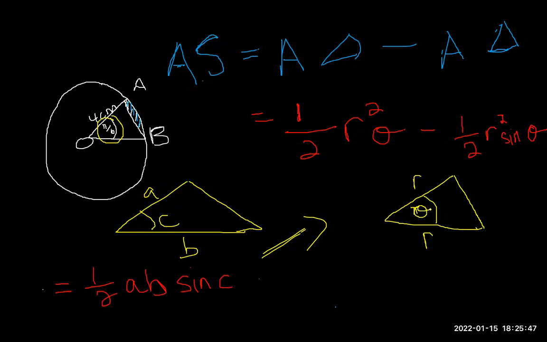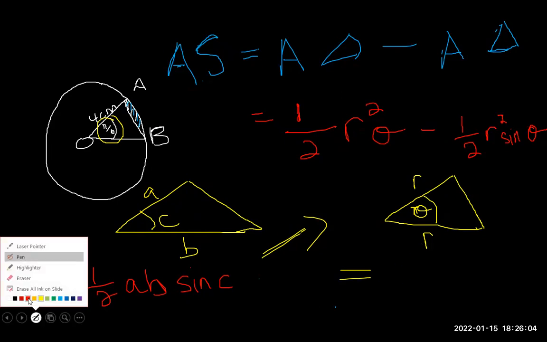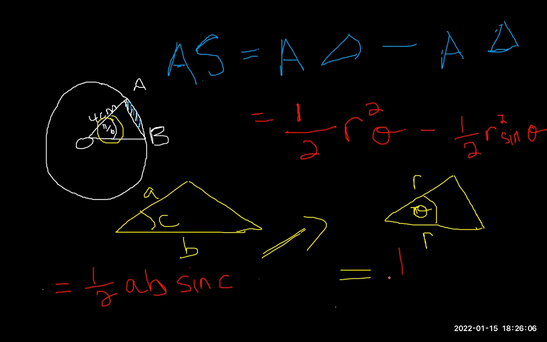Looking at this triangle, this equation: a half A multiplied by B sine of the angle between them. So what do you think would be the equation for this? A half what?